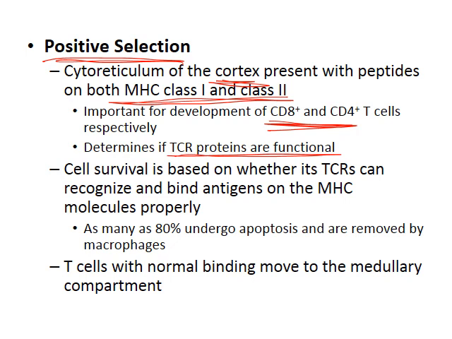Basically, if your cells cannot bind to MHC class 1 and 2, then they're not functional and they die. Up to 80% of these will undergo apoptosis and be removed by the macrophages. The T cells that bind to MHC class 1, where they're not binding too tightly and are able to bind, are then moved on to the medulla.